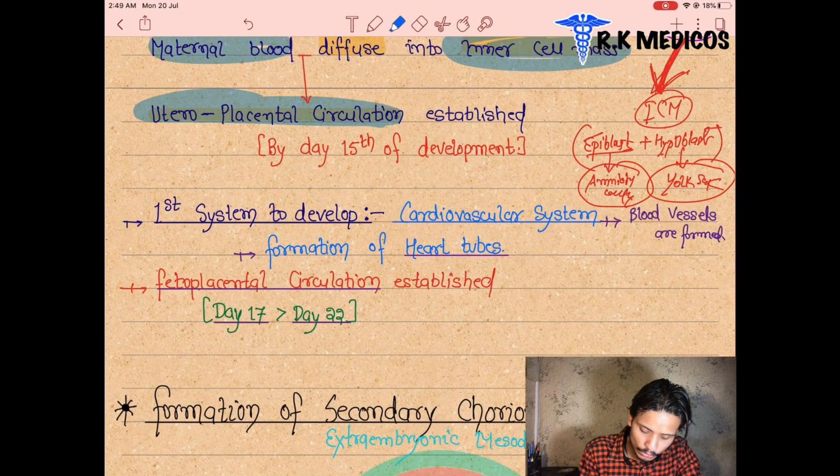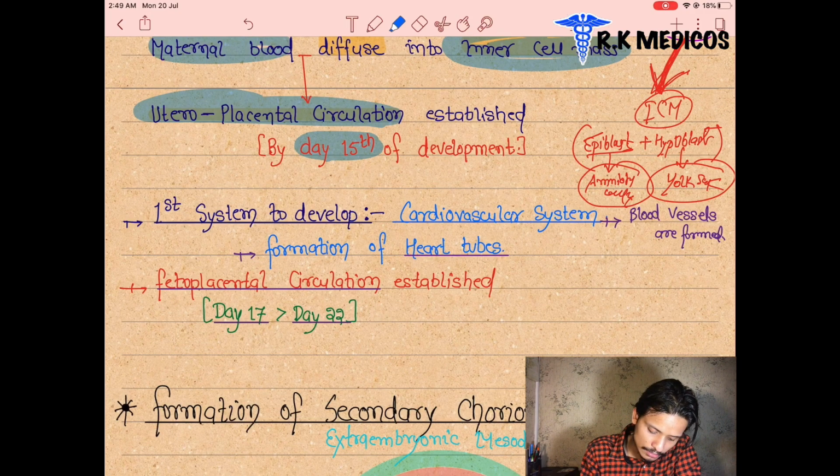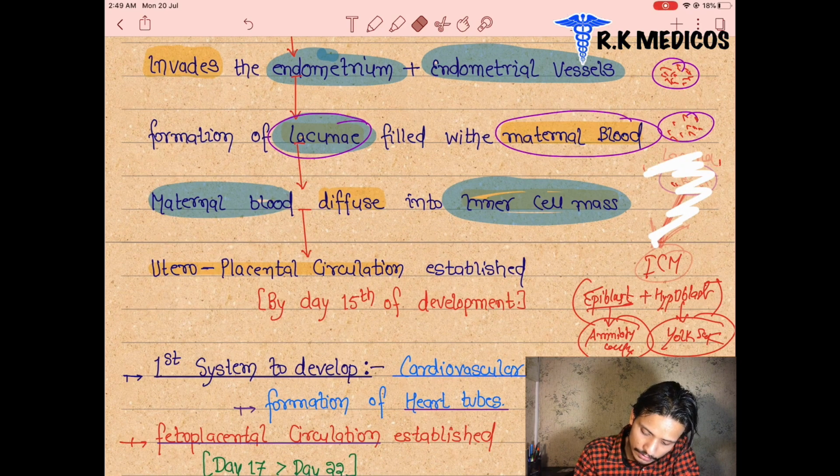This happens on the 15th day of development. On the 15th day of development, uteroplacental circulation is established, and it is supplied by the lacunae of maternal blood. These are supplied by the maternal blood cells.